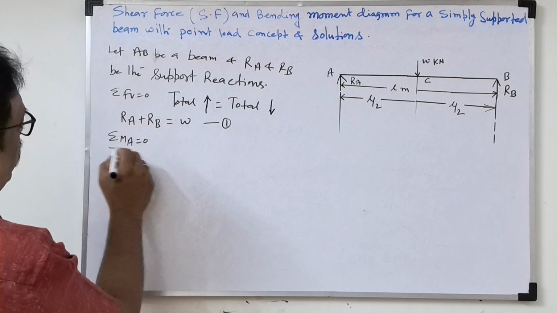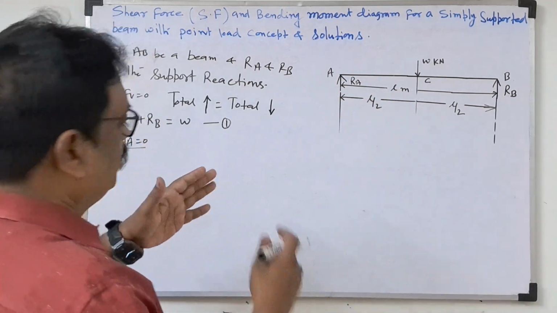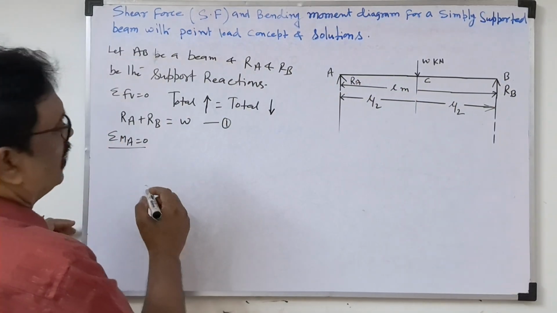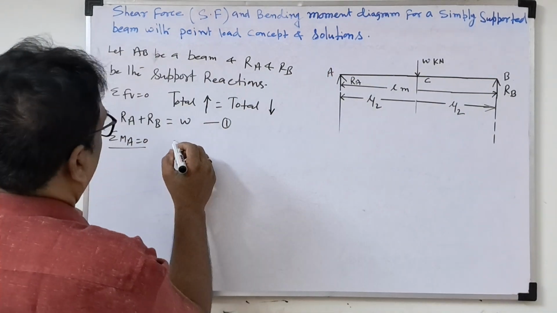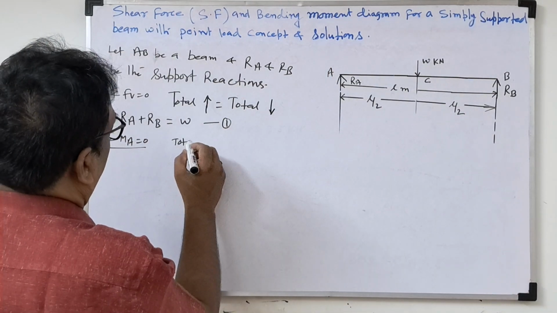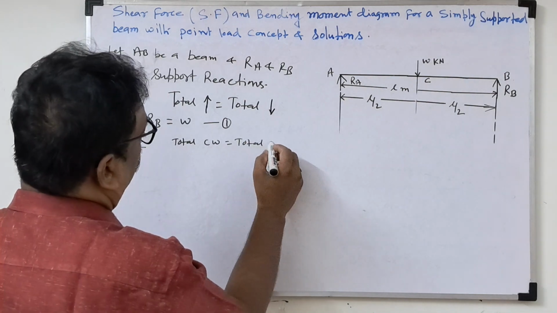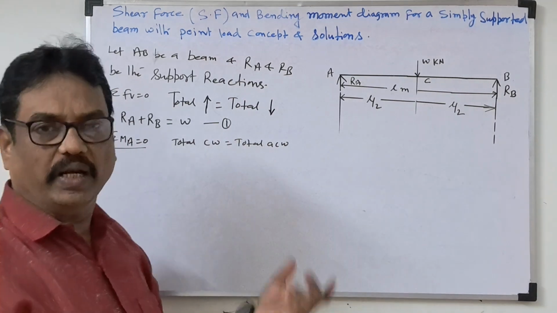Now we'll take the moment about A. You can take B also, but always we'll take from our side. Taking moment about A, this point is fixed. Total clockwise moment is equal to total anti-clockwise moment. Here we are not assuming negative and positive.